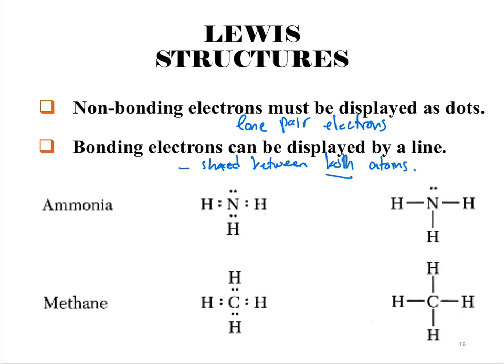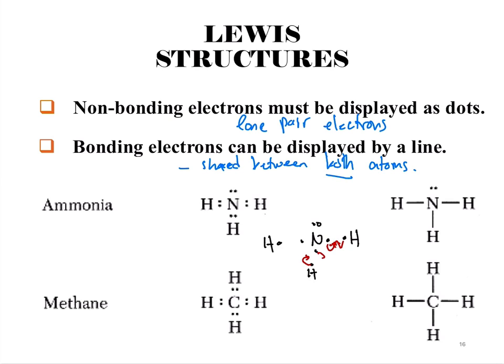How would I draw the Lewis structure for this here? Well, instead of what they have here, I would have each hydrogen has 1 valence electron, nitrogen has 5 valence electrons, and each lone valence electron for the nitrogen and the 1 valence electron from the hydrogen come together to form the bond.